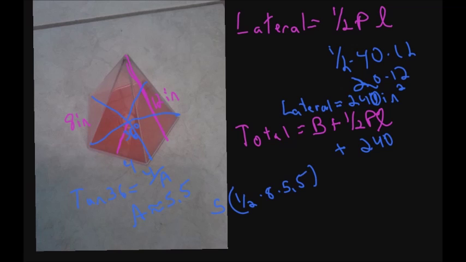Same thing. So 1/2 of 8 is 4, and 4 times 5.5 gives us 22, times 5, which is going to be 110. So we add 110 to that 240 to get 350 inches squared.